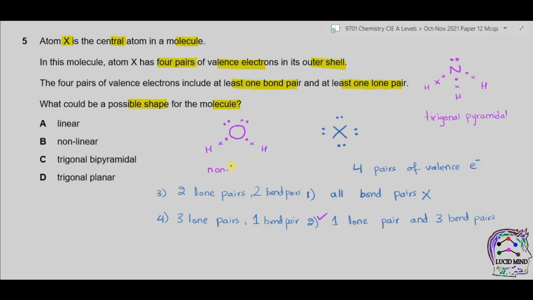For the last possibility, we have 3 lone pairs and 1 bond pair. Such a molecule does not exist. Now the correct option should be B.